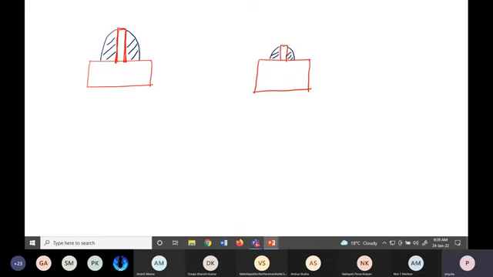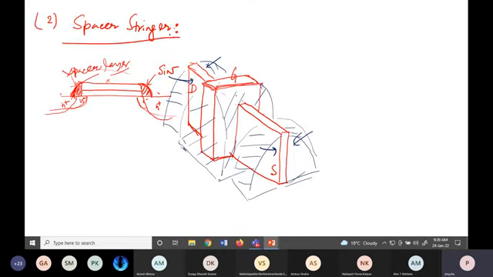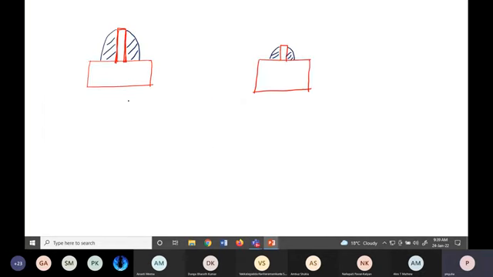Source and drain height is lower than that of gate. So what I mean is, how to explain. I'm drawing that spacer layer around the gate here.